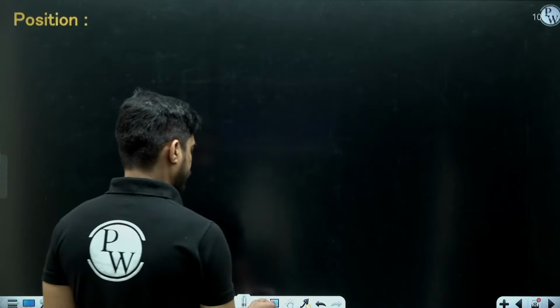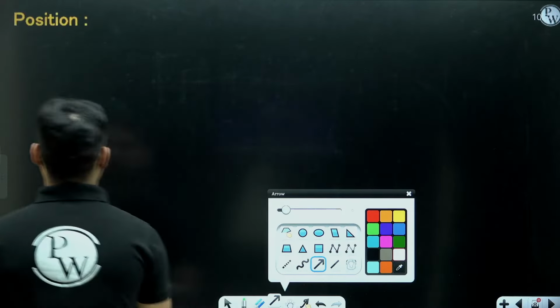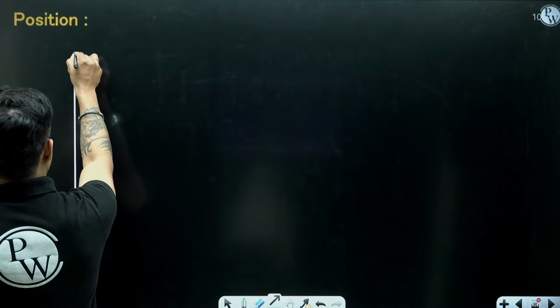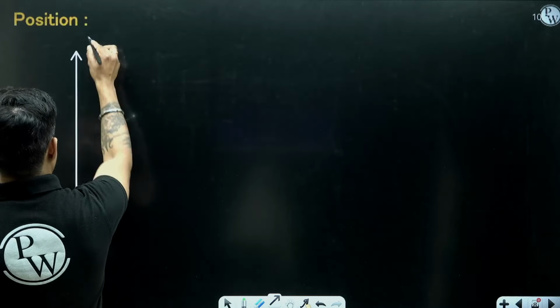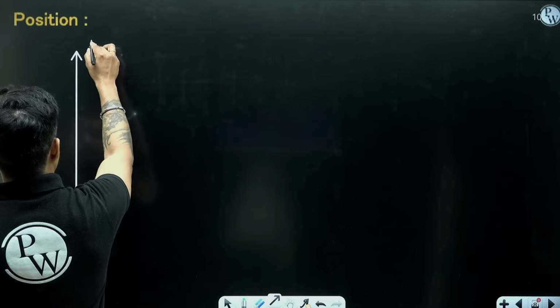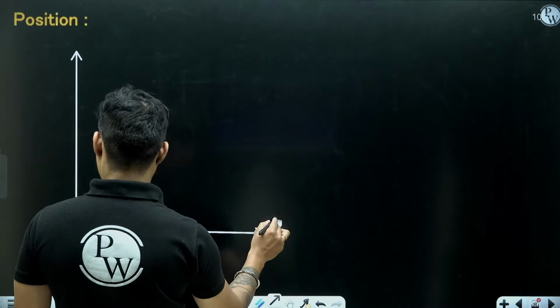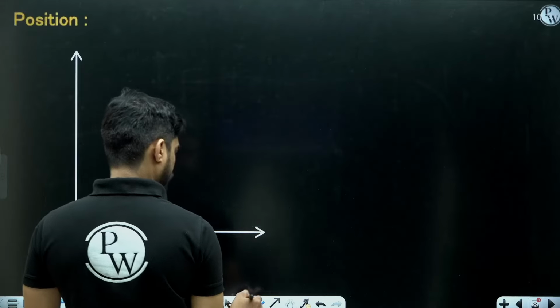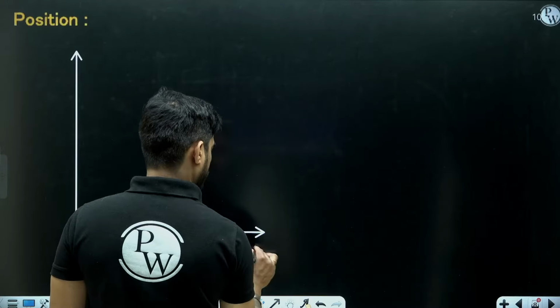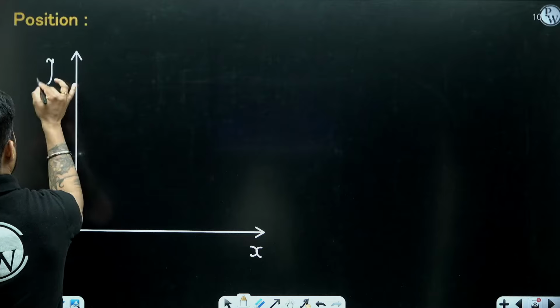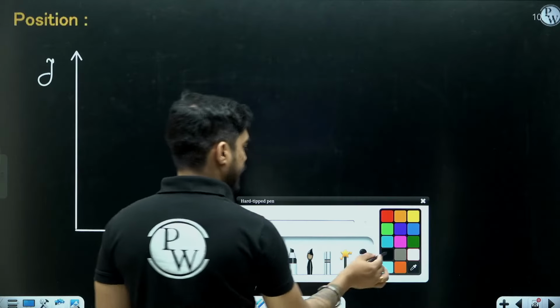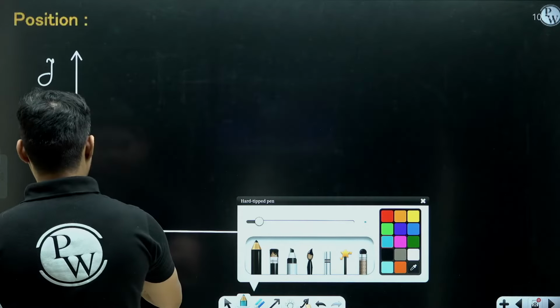the position. Let's say this is our XY plane, and let's say that this is the path of motion.